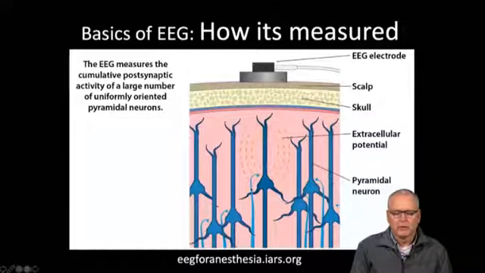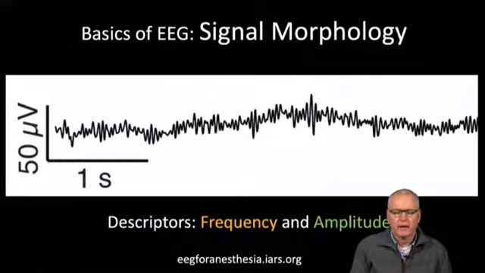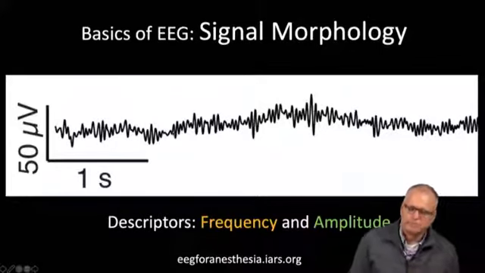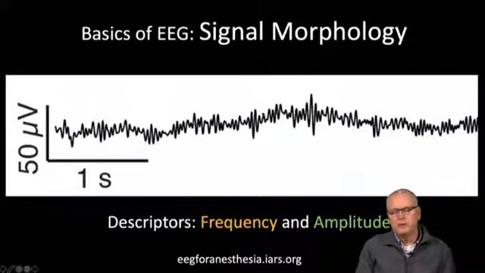So we put this electrode on there, and we measure and see what we get, and this is what we get. We get a raw EEG waveform that is commonly described with terms such as frequency and amplitude.